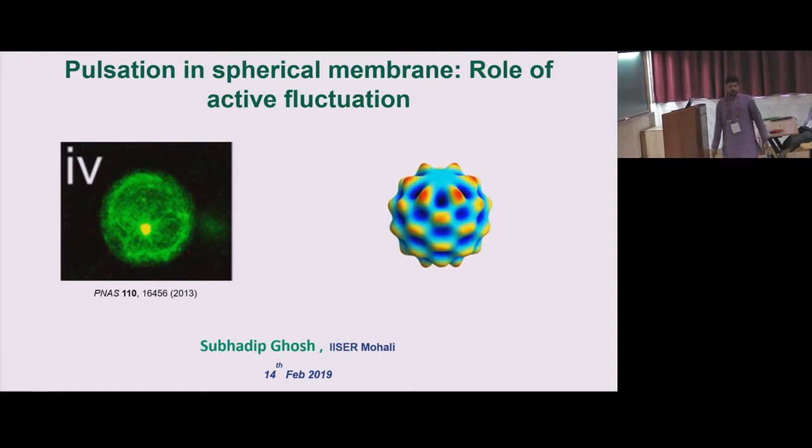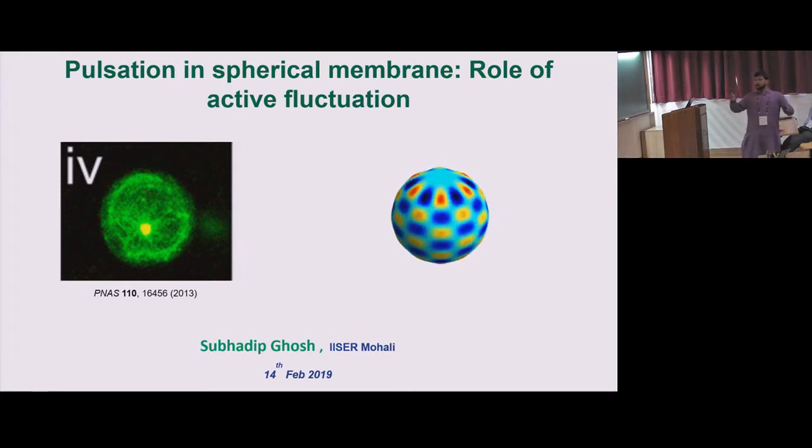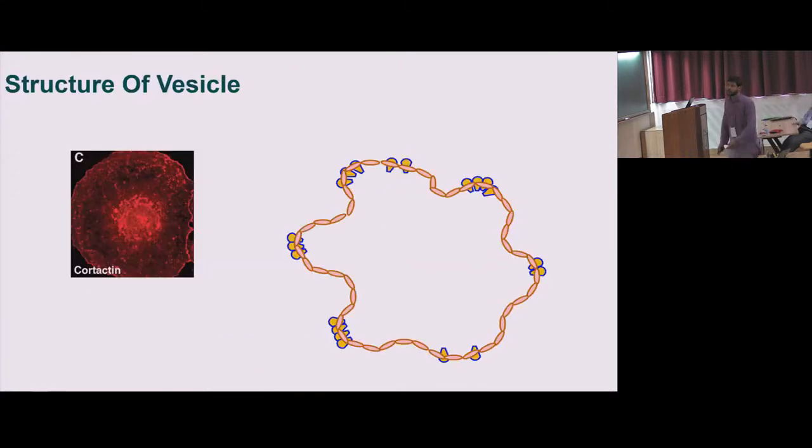So the question is, how do we model such a system? As I have pointed out, the membrane is a lipid bilayer, and on top of it the proteins are diffusing, making them either outward or inward. Here I have specifically put some kind of proteins which make them bulge outward.